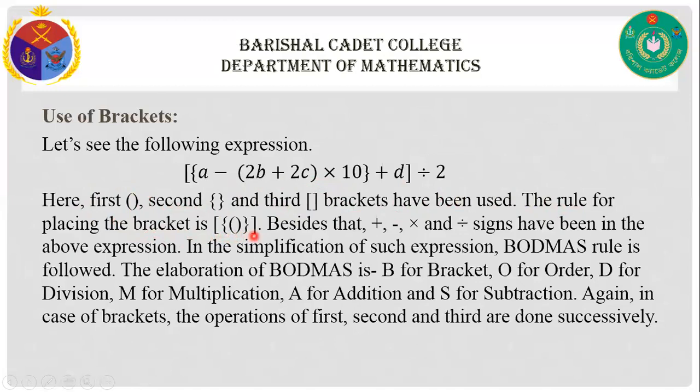So inside all brackets we have the first bracket, outside of the first bracket we have the second bracket, and the outermost is the third bracket. So we have two versions: one for opening and another for closing.